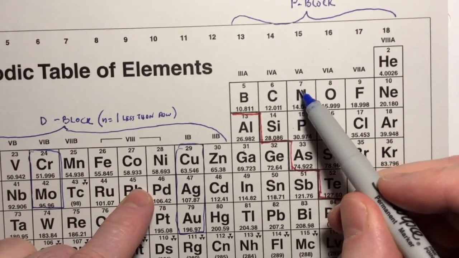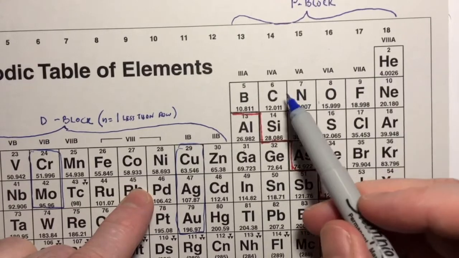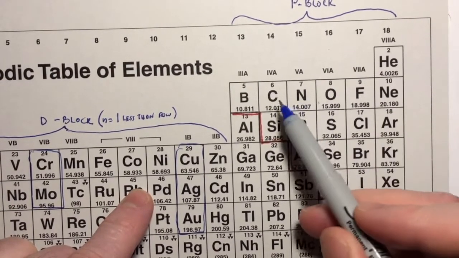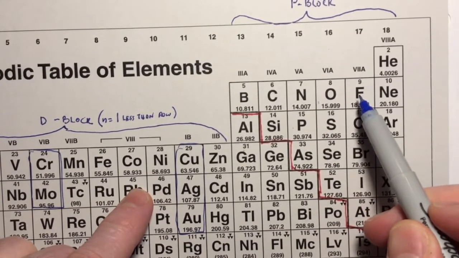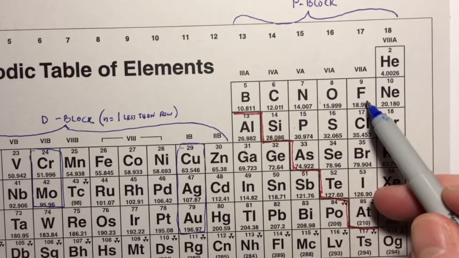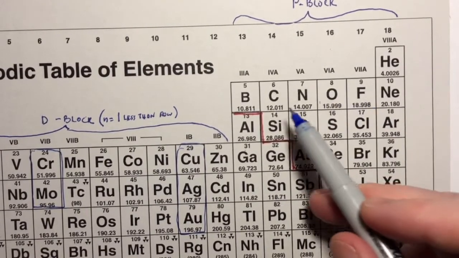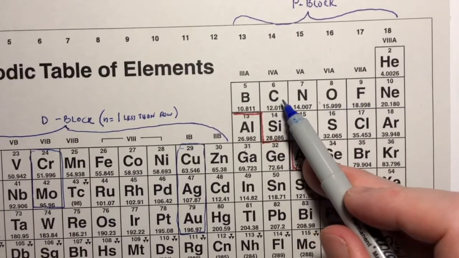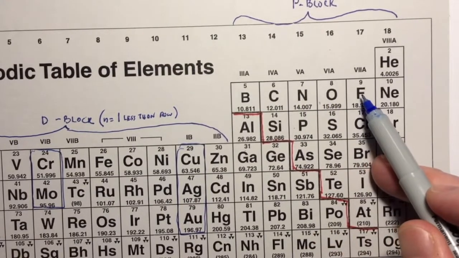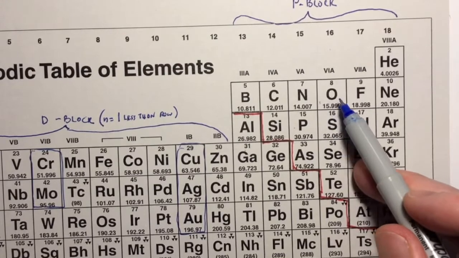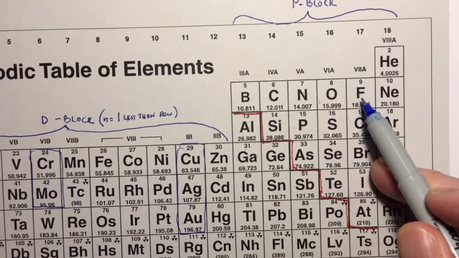This has 6, 7, 8, and 9. So you can see that we are increasing protons as we go to the right across a row. If you're increasing the protons, then you are increasing the number of positive charges in the nucleus. You're going to increase the amount of attraction to the electrons, and therefore as you go right, you're going to pull the electrons tighter and tighter and tighter inward.